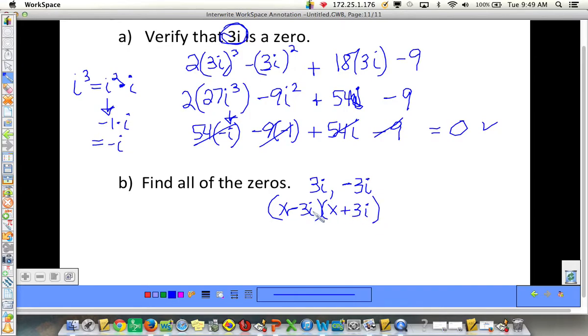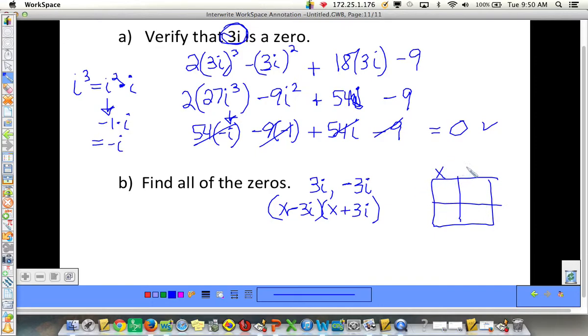Now doing synthetic division with 3i is a little tricky, so it might be better to multiply these together. What's nice about the conjugates is your i terms should cancel out.